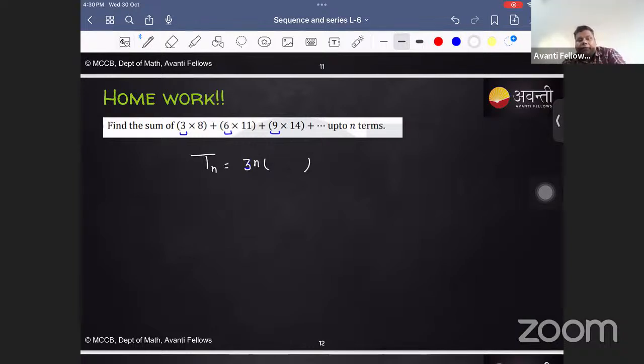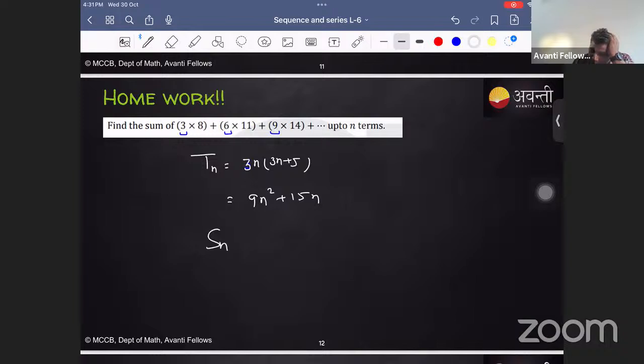So 3 multiplied by 3 plus 5, 8. 6 multiplied by 6 plus 5, 11. 9 multiplied by 9 plus 5, 14. So 3n will be multiplied by 3n plus 5. So it is 9n square plus 15n. This is what your Tn is.